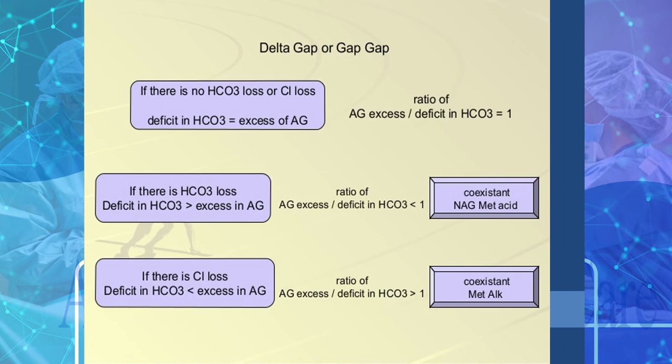If it is less than 1, there is coexistent normal anion gap metabolic acidosis. If there is chloride loss, the deficit in HCO3 will be less than the excess in the anion gap, and the ratio of anion gap excess divided by the deficit in HCO3 will be more than 1. In this situation, the coexistent disturbance is metabolic alkalosis. So the patient will have high anion gap metabolic acidosis and metabolic alkalosis.